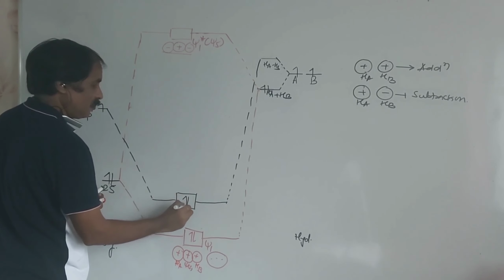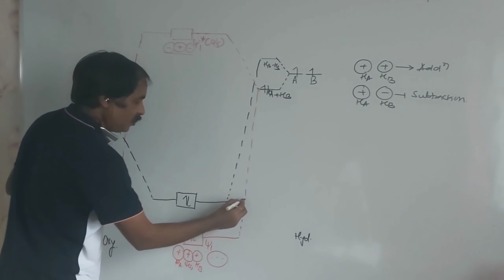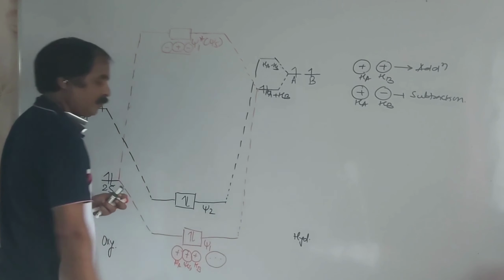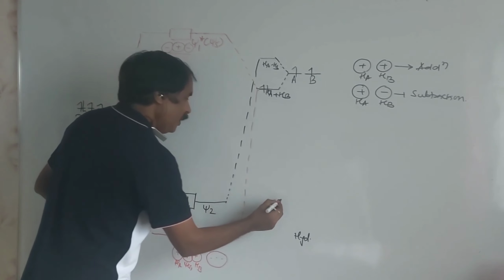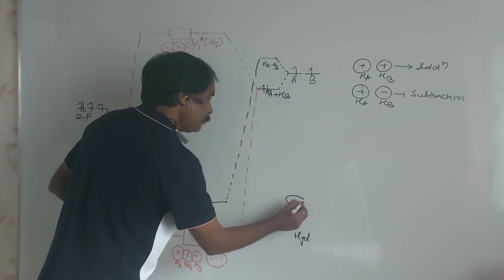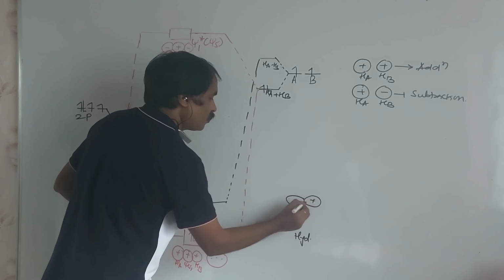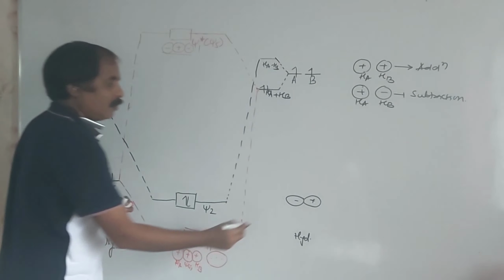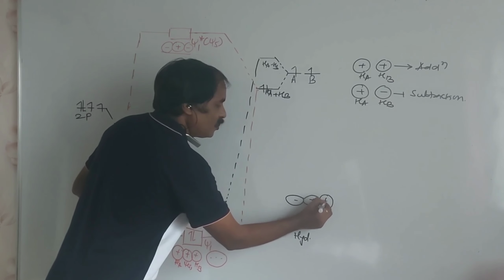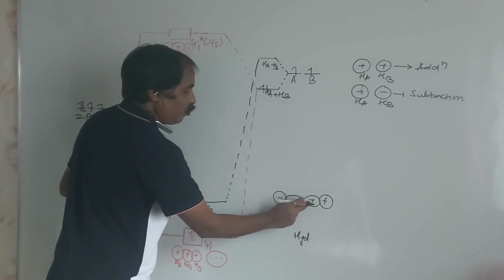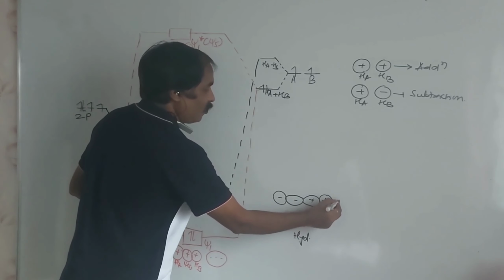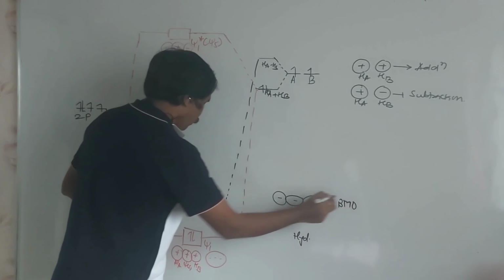Here 2 electrons. This is psi1, this is psi2. When there is a formation of psi2, we have taken px of oxygen. Positive wave function of one hydrogen and negative wave function of the other hydrogen. Negative-negative addition, positive-positive addition, and a formation of a bonding molecular orbital. This is psi2.